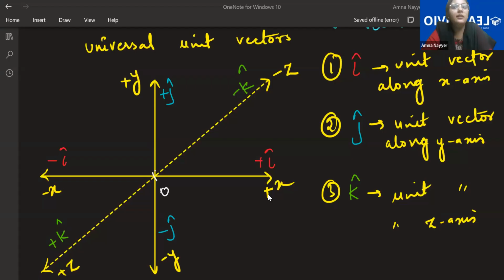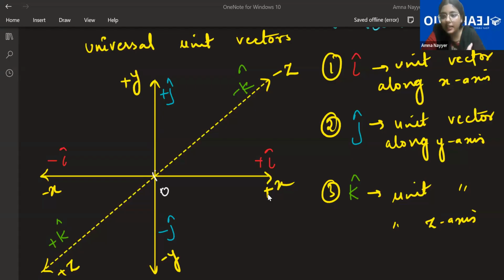Or if I find a vector, let's say acceleration is minus 18 K cap. So 18 is the magnitude, minus K cap is its direction. By just looking at the term minus 18 K cap, I will know that 18 is acting along the negative z axis. Minus K cap means negative z axis.